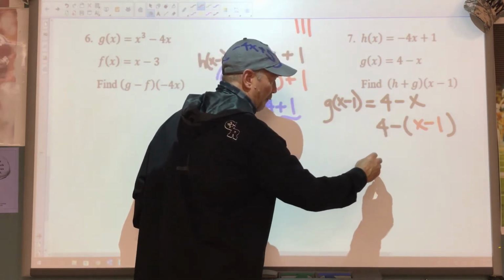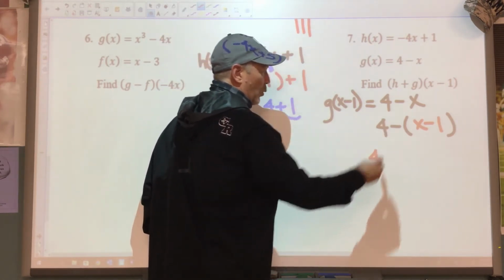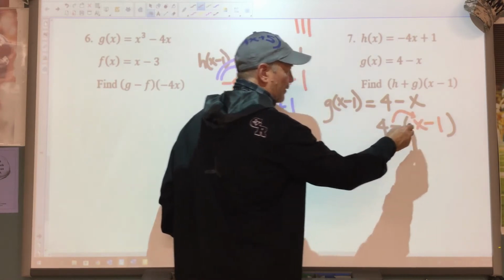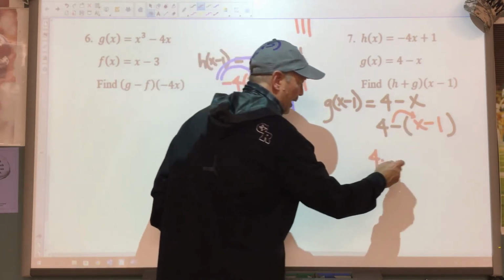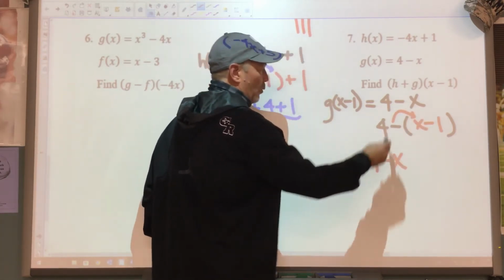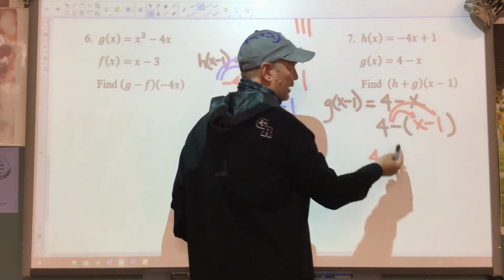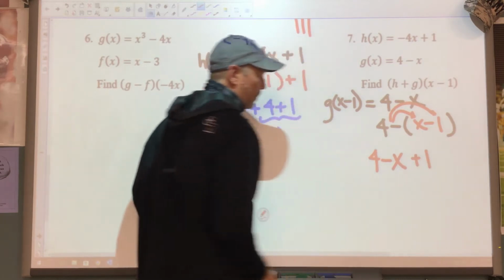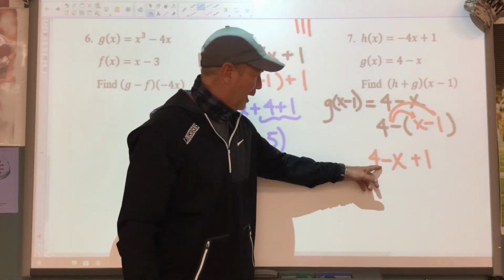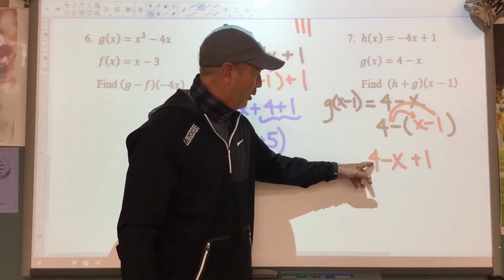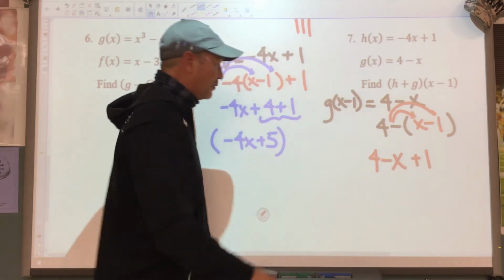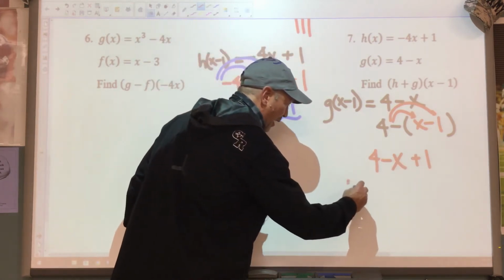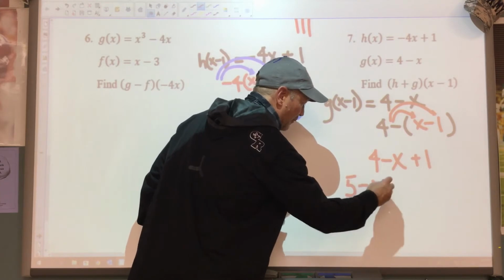That'll give us a 4. We distribute the negative. A negative times the x is going to be a negative x. We're going to distribute it to the backside, and a negative times a negative is a positive. That's going to give us a 1. When we combine like terms, 4 plus 1 is 5, so I'm going to get 5 minus x.